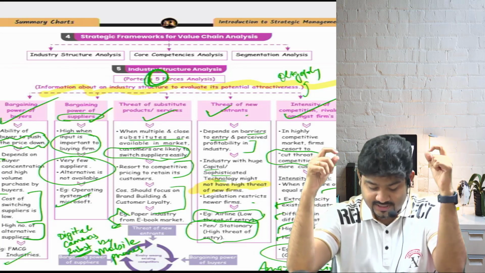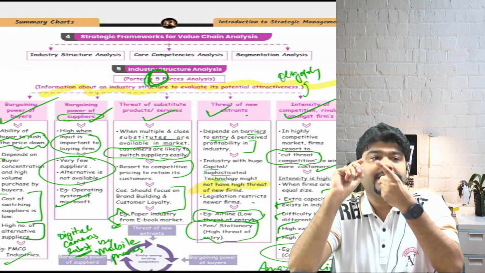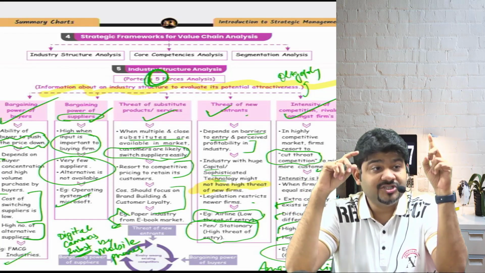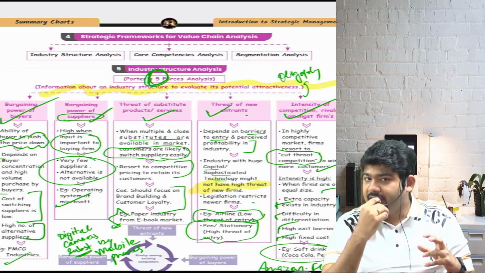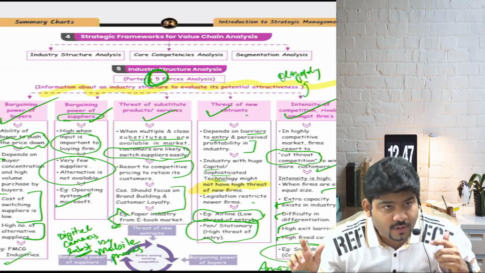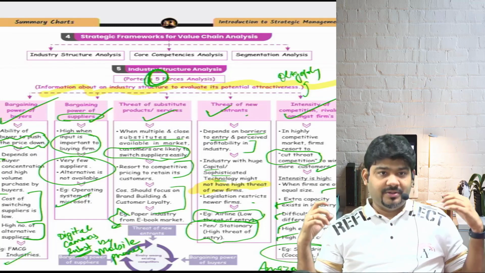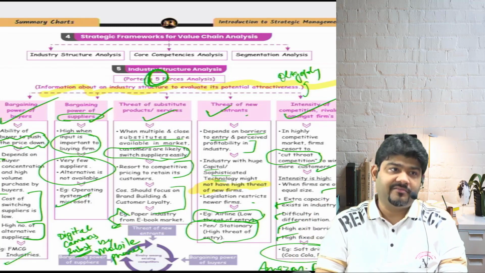Porter's five forces analysis. First is bargaining power of buyer. I will check whether the buyers in the industry have bargaining power, as in whether it is a perfectly competitive market or a monopoly market. Second is bargaining power of supplier.